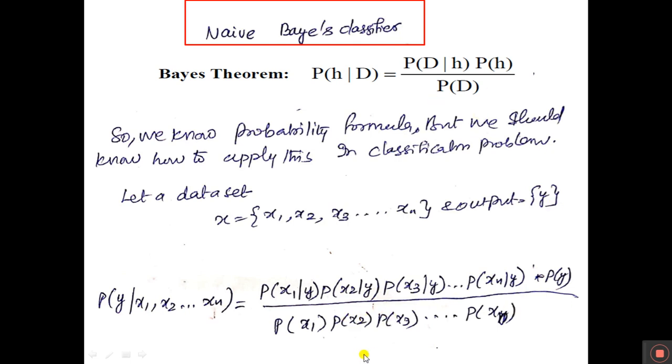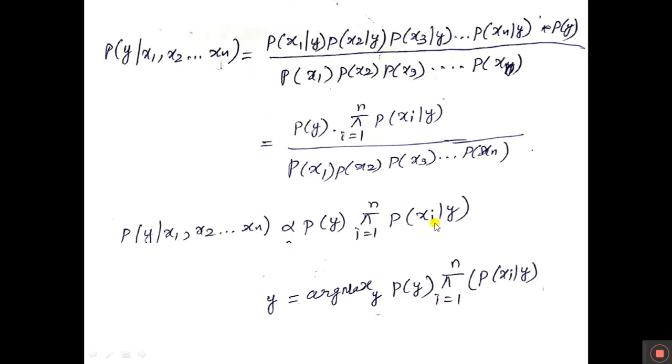This is the probability of x1, probability of x2, probability of x3 up to probability of xn. So this equation is the probability of y given the data set.